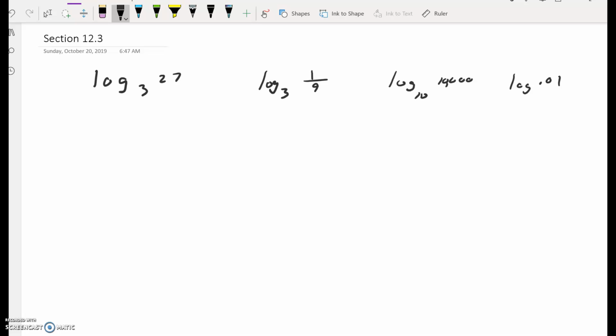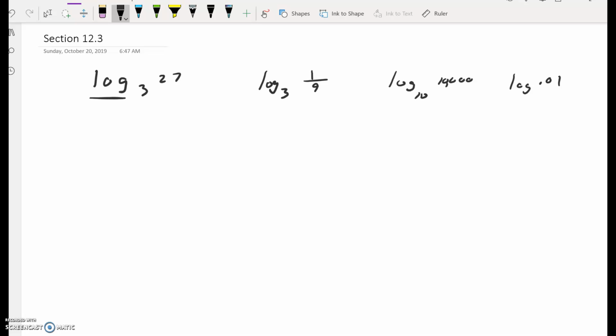So the question begins, I guess, on how do you interpret this log or logarithm? Logarithm base 3 of 27, what does it mean? Probably the easiest way to understand what it means is to understand how to translate this.